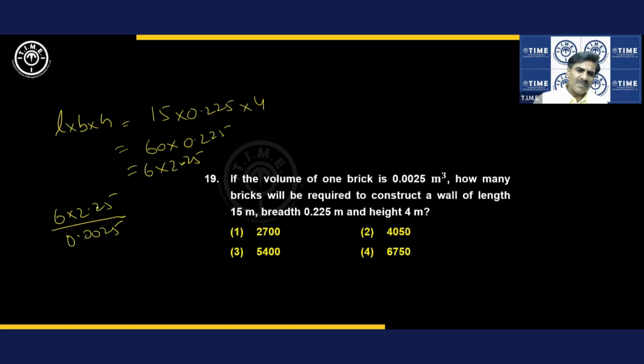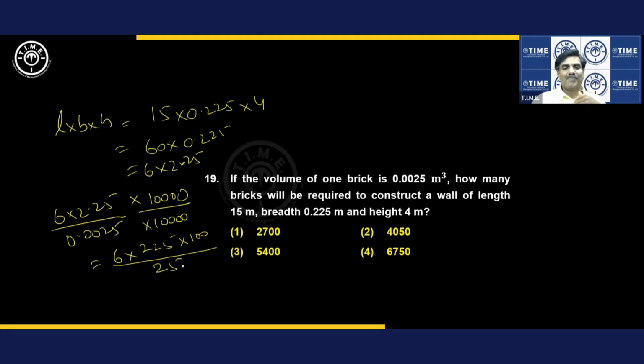Multiplying numerator and denominator by 10,000, we get 6 into 225 by 25. We can write 2.25 as 225 by 100. 225 divided by 25 is 9, so 6 into 9 is 54, into 100, that is 5,400.